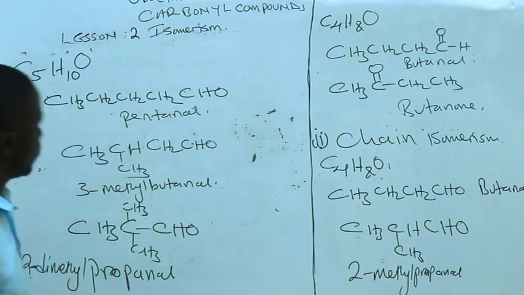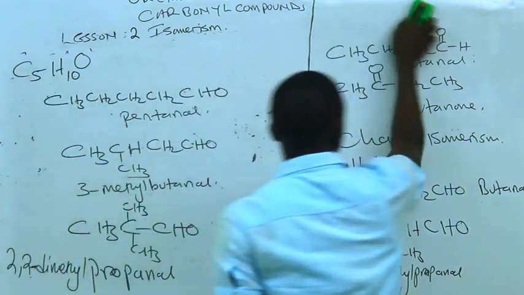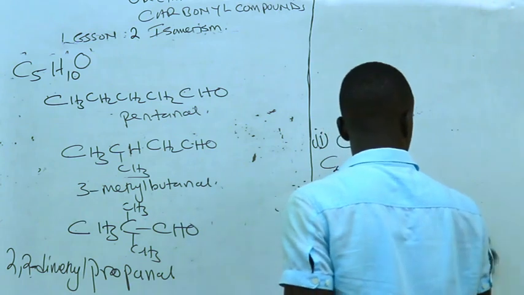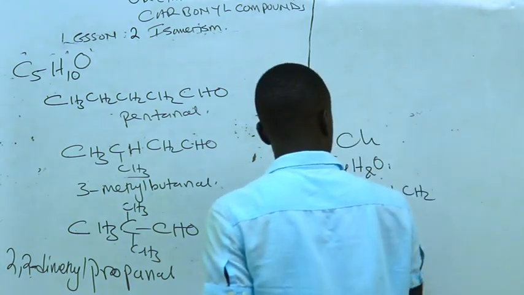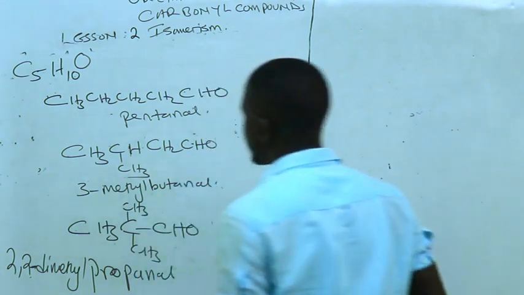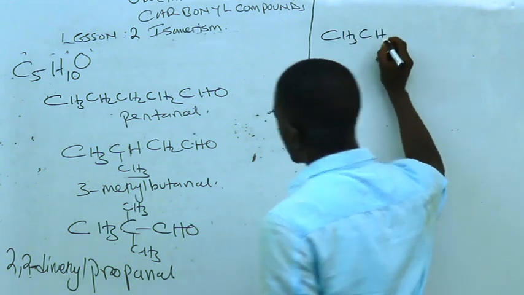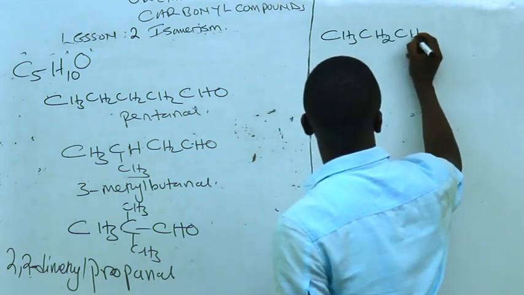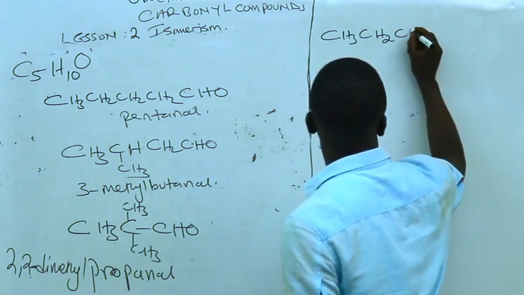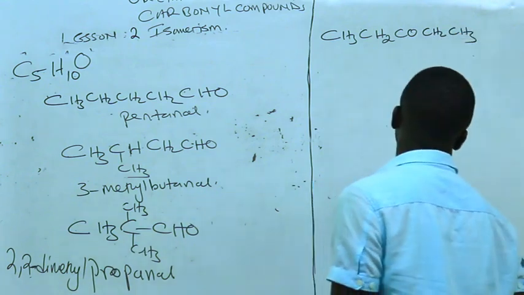It is even possible for us to create a ketone in this compound. We can create a ketone here and have CH3, CH2, CO, CH2, CH3.